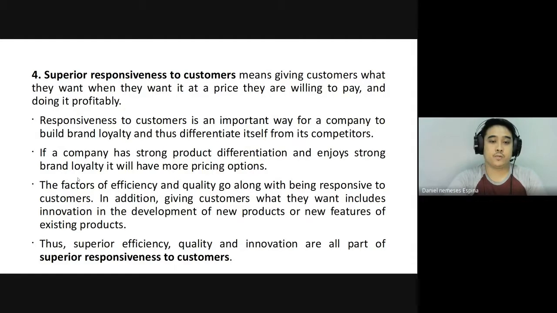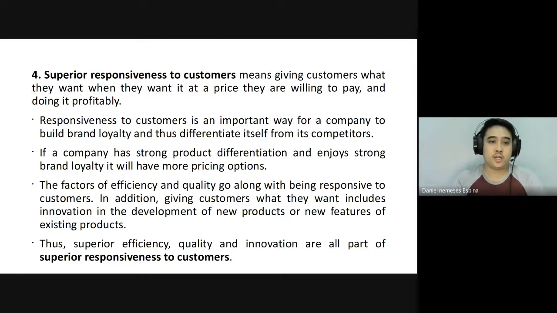These are the indications that the product or the company has really a strong brand loyalty, and these products can command higher prices. The factors of efficiency and quality go along with being responsive to customers. As we have defined, it's giving the customers what they want and when they want it.